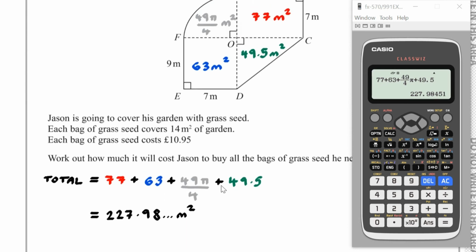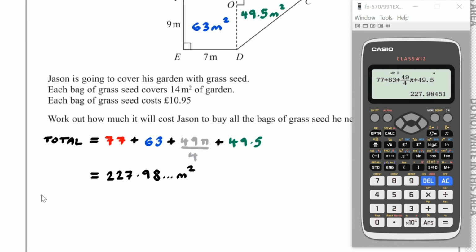So now we can find out the number of bags we need by working out 227.98 etc. divided by 14.